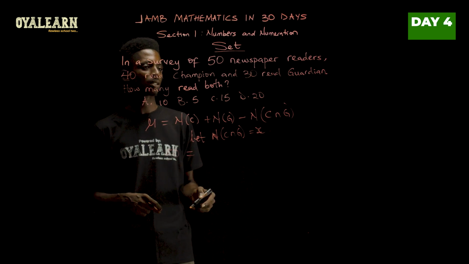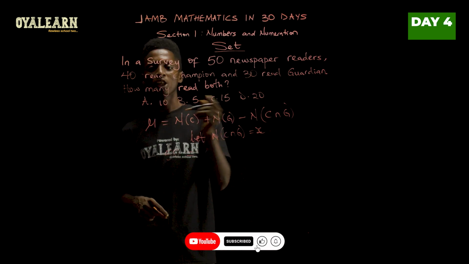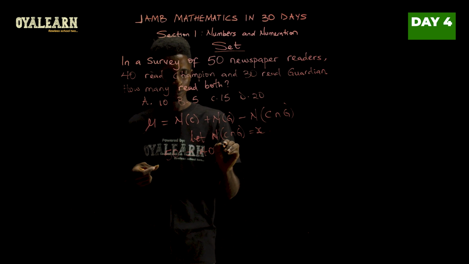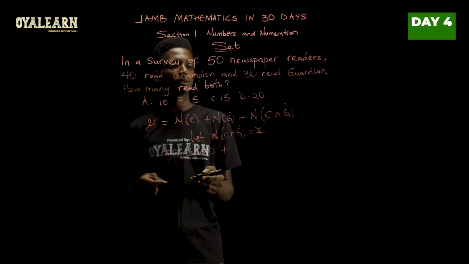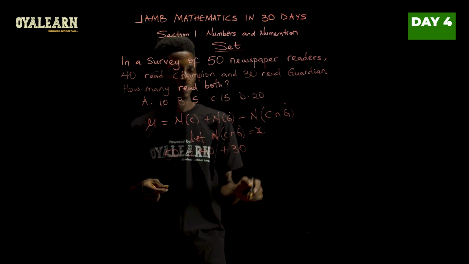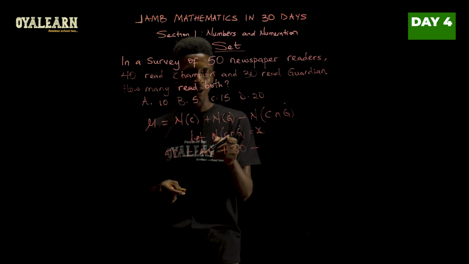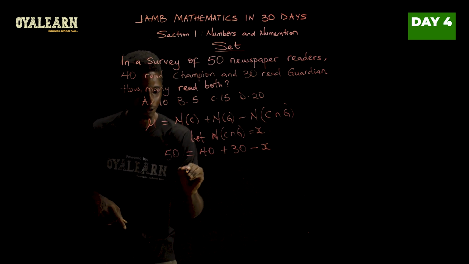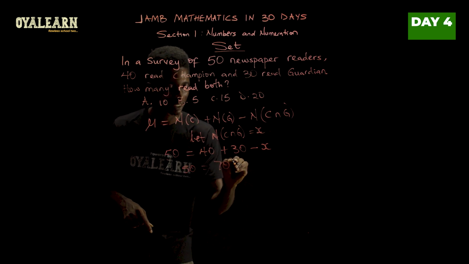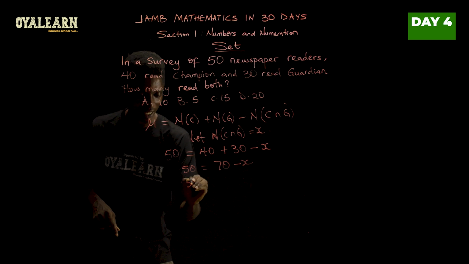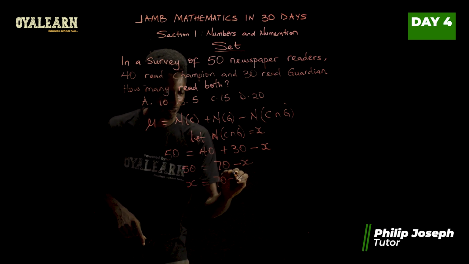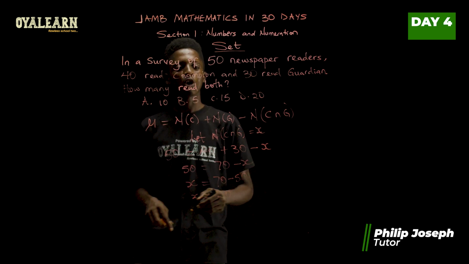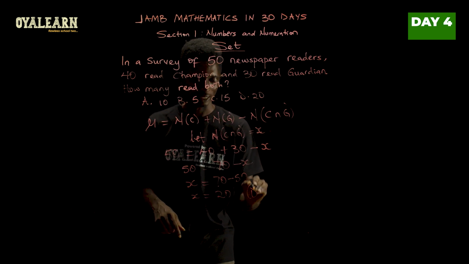So 50 equals, now the number of those that read Champion is 40, plus the number of those that read Guardian is 30, then minus the number of Champion intersect Guardian, that is X. So 50 would then be equal to 70 minus X, which implies that X equals 70 minus 50. And 70 minus 50 gives us 20. So the correct option is option D.